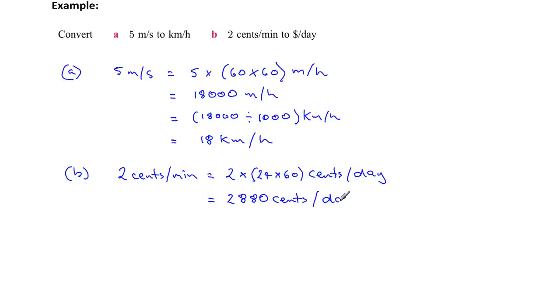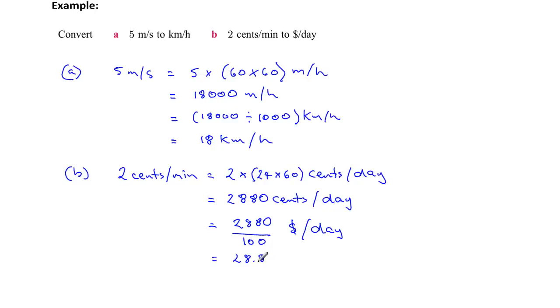per day. So now we've got the day part right, we need to convert the cents to dollars. So if we take our 2,880 cents and divide it by 100, because there's 100 cents in $1, we actually get the rate that we've been asked to find. So our calculator will give an answer when we divide this out that looks like this.